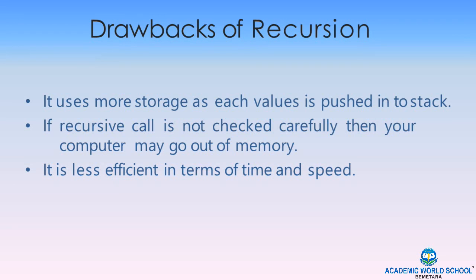Sometimes we can develop the factorial program by using a for loop also. In that case, the execution of the for loop is much faster than the recursive function. Why? When the function calls itself, the program control reaches the function header.